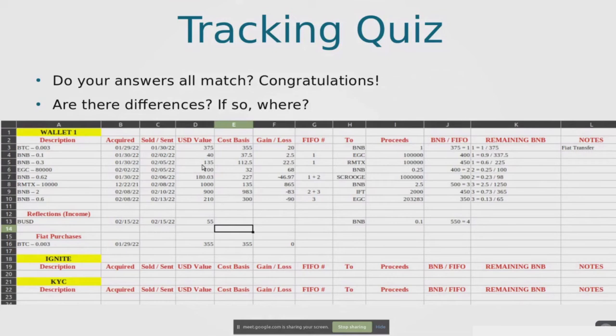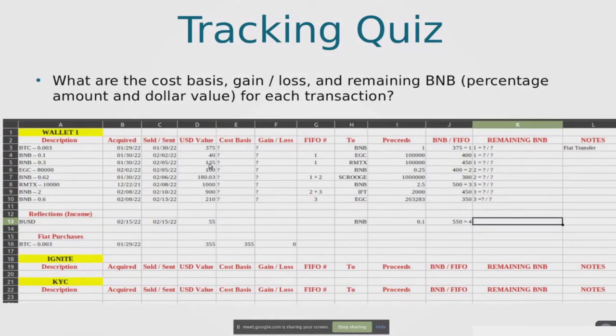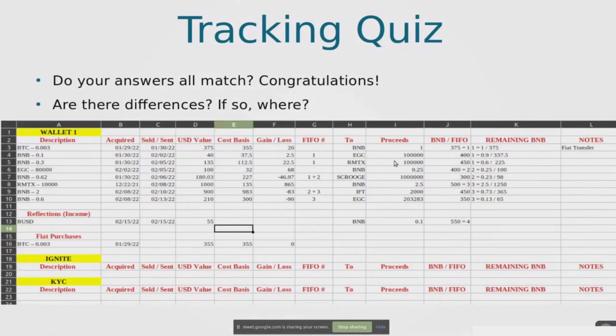Let me do a few more, because it's a little confusing, but it becomes really easy once you do it a few times. Now if I'm buying 0.3 worth of BNB and I'm buying RNTX, same thing. I know that I have 0.9 BNB left, and I want to use 0.3 of it.